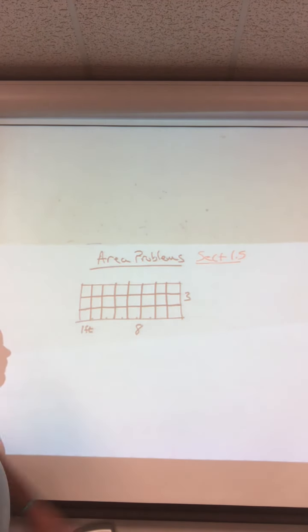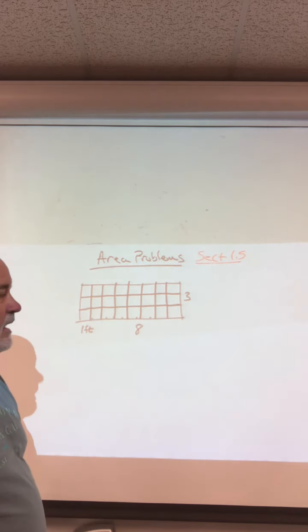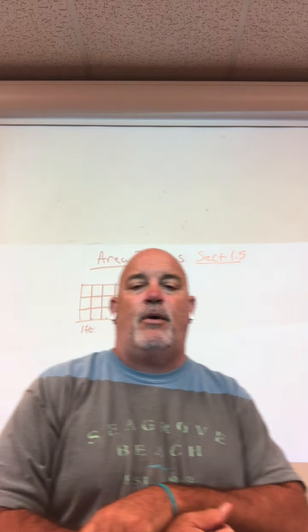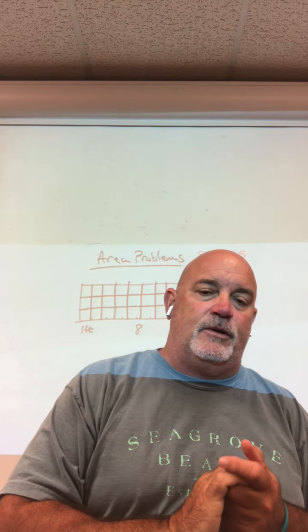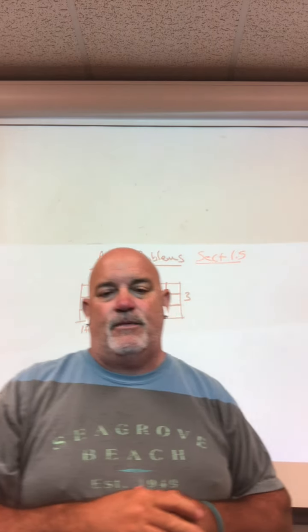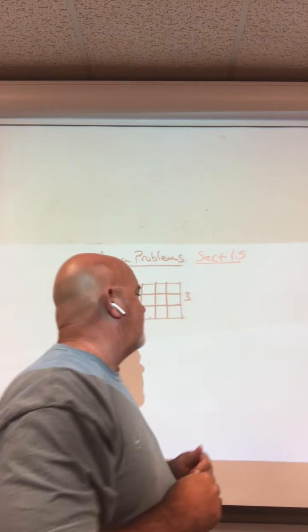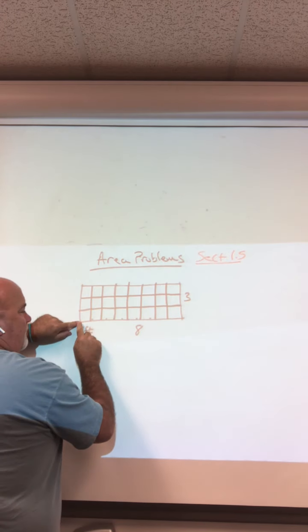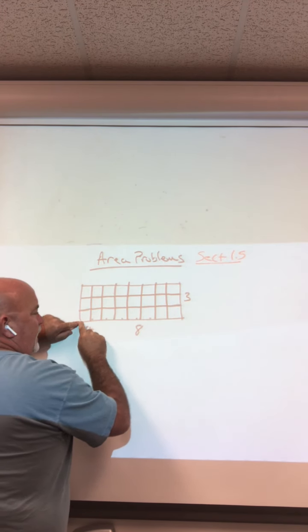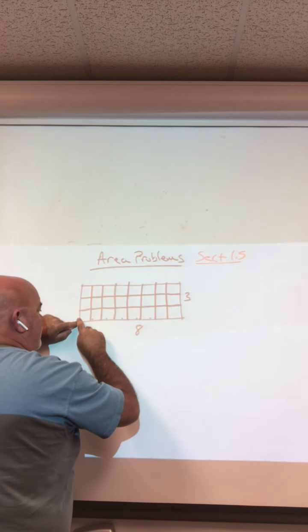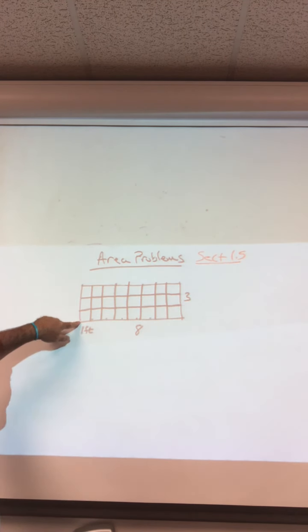Before I talk about area, let me talk about another word that we've already talked about, and that's the word perimeter. The perimeter of an object is the total distance around that object. If I ask you what is the perimeter of this rectangle, it would be like taking a tape measure and going around it, and seeing how long that is.